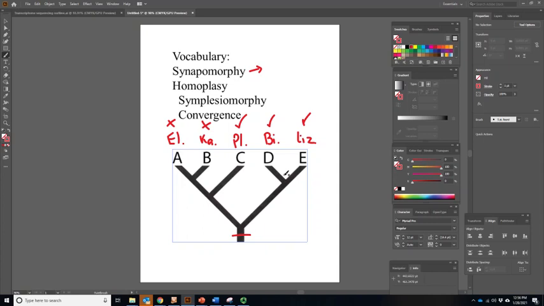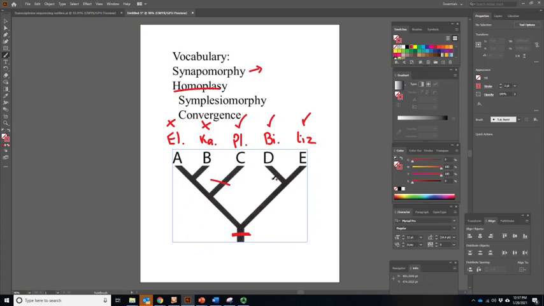Okay? Now, both symplesiomorphy and convergence are forms of homoplasy. And homoplasy is simply a more complicated explanation. A synapomorphy is a very simple explanation. It happened once and then was never lost. Homoplasies are more complex.